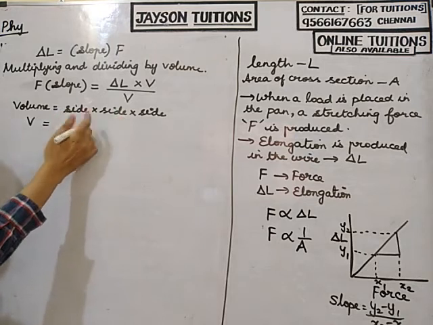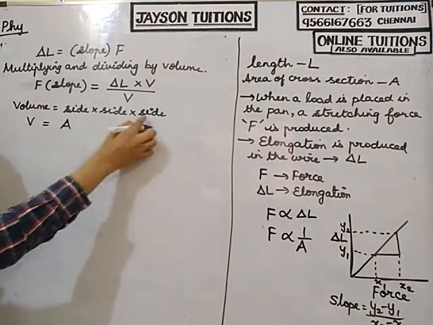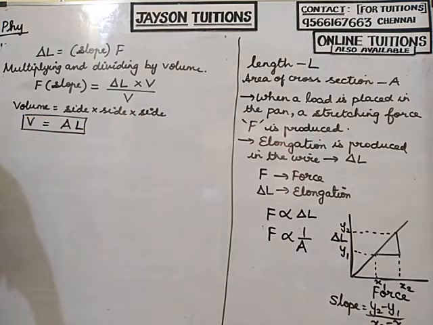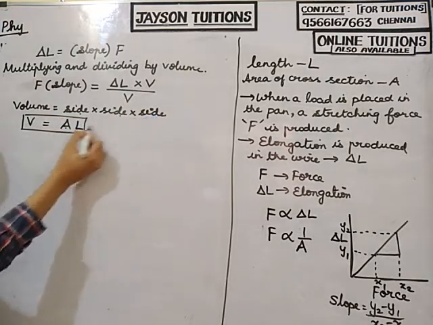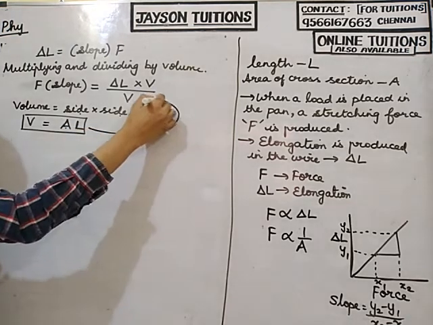Side into side I can write as area, and this side I can write as length. So instead of volume I can substitute AL, because side into side is area and the side is length. So area into length is the volume. I substitute this in the formula.